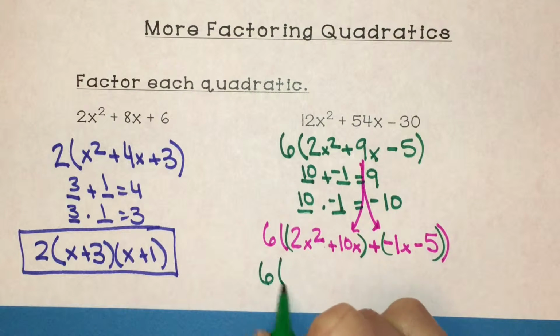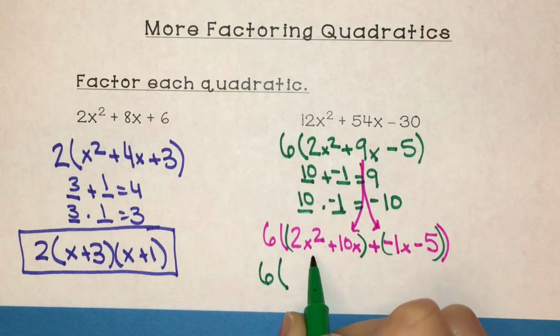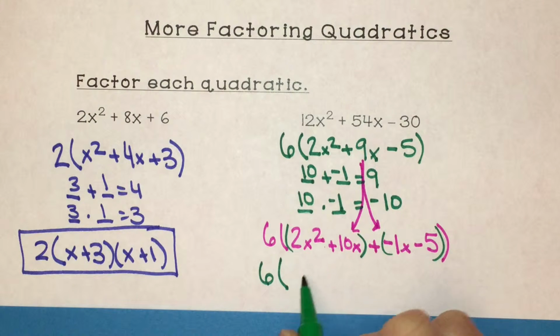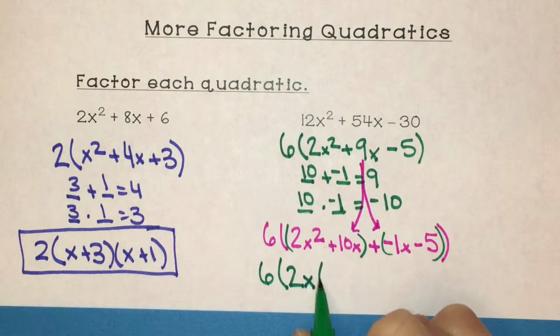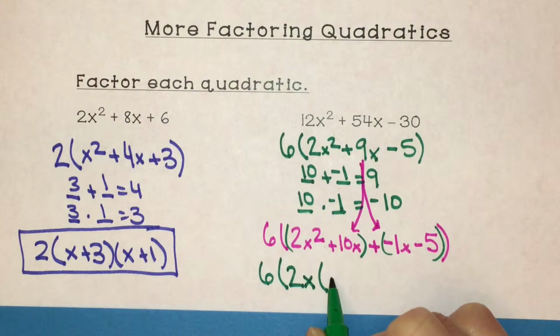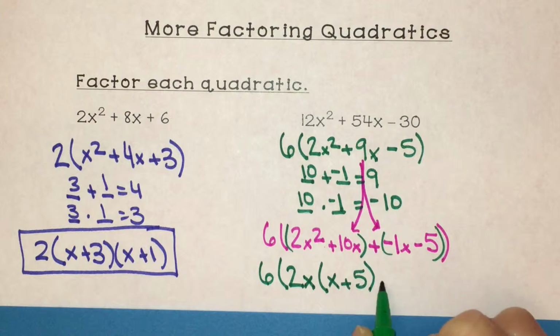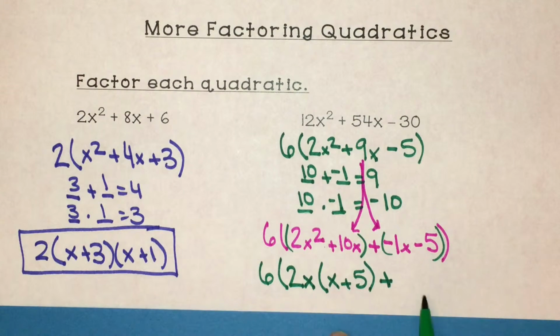Bring down your 6 times. Now this is all inside the parentheses. I can divide 2 and 10 by 2, and they each have an x. So I'm going to factor out 2x. 2x squared divided by 2x is x, plus 10x divided by 2x is 5. Plus, all right, so here's the trick. When I factor something out, I want what's left in the parenthesis to be x plus 5.